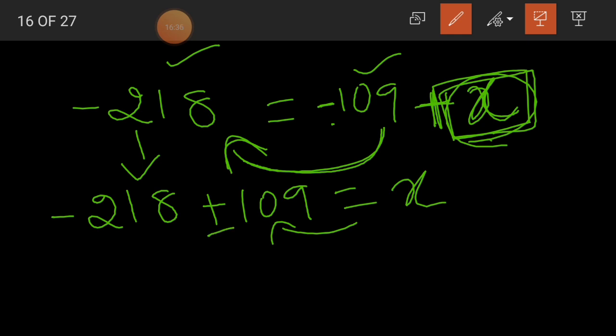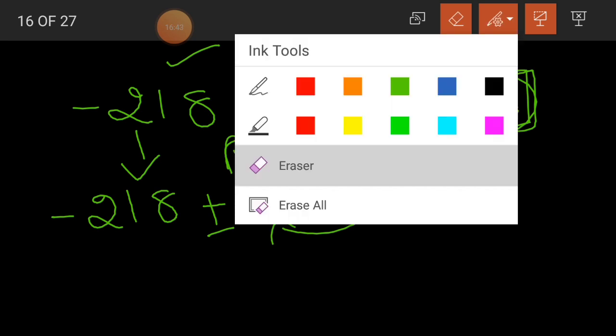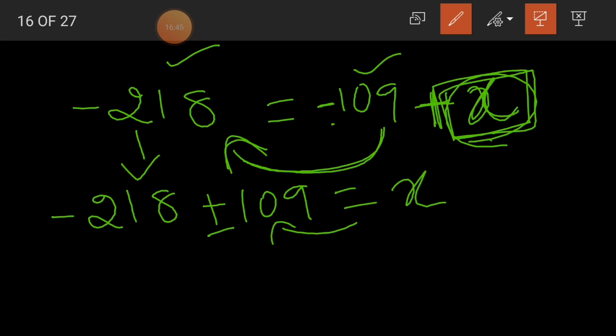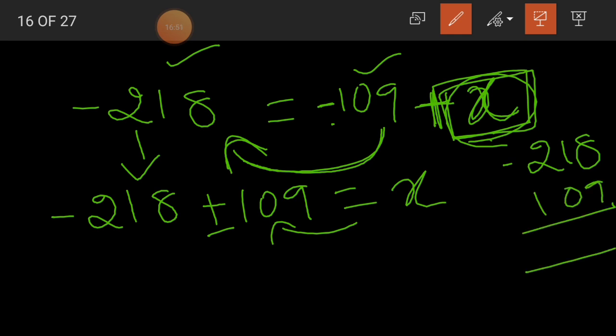Again, one is positive and the other is negative. What will you do when one is positive and the other is negative? You subtract the lower number from the higher absolute value. 218 minus 109 gives us the answer of 109.